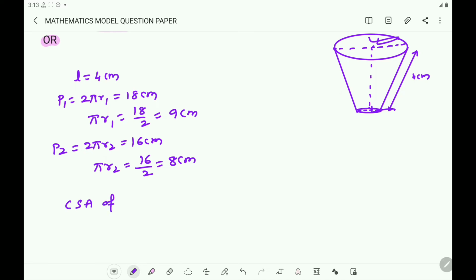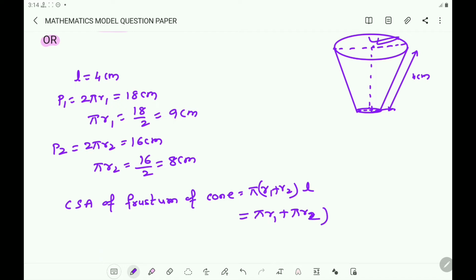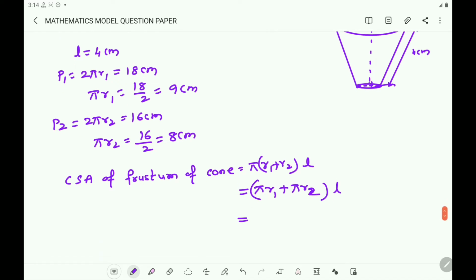CSA of frustum of cone equals pi into R1 plus R2 into L. Then you can multiply it: pi R1 plus pi R2 into L. Then pi R1 is 9 cm and pi R2 is 8 cm. So write 9 plus 8 into L. L is 4.